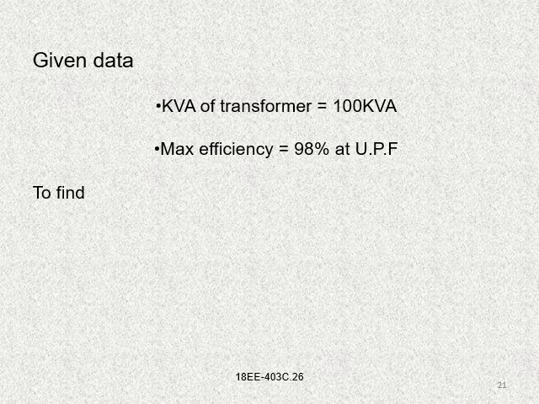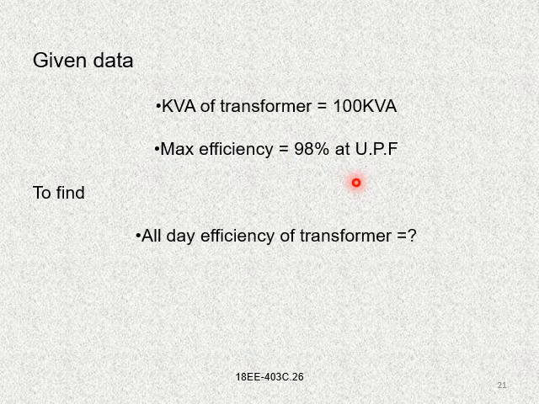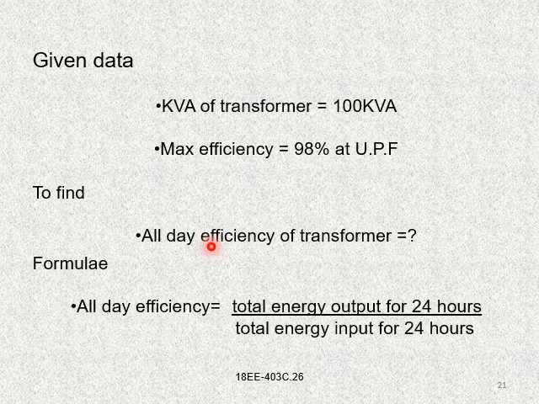Next, you can see the kVA of a transformer is 100 kVA. The maximum efficiency is 98% at UPF, and we are to find the all day efficiency of the transformer. The formula for all day efficiency is total energy output for 24 hours by total energy input for 24 hours.